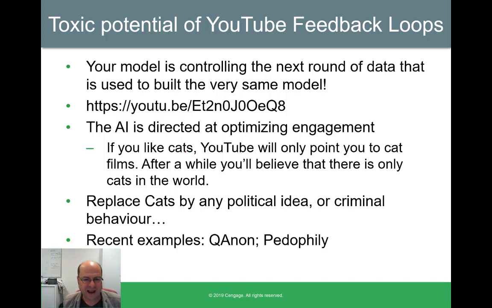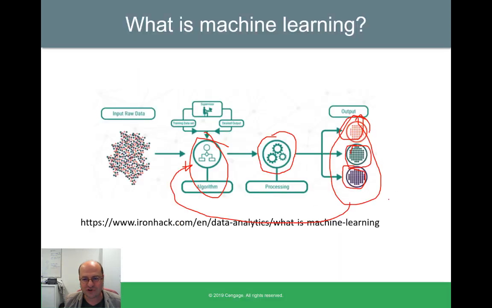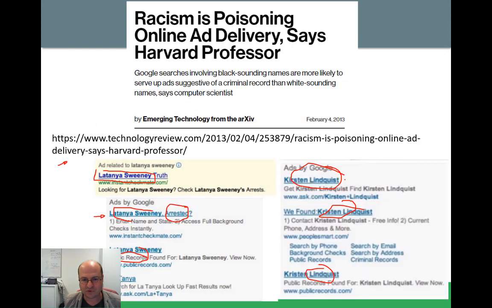So if you like cats, YouTube will only point you to cat films, until after a while you believe that there are only cats in the world, and that whoever loves dogs is a madman, right? You can replace cats with any political idea or criminal behavior, and you are actually reinforcing it. YouTube feedback loops reinforce it.